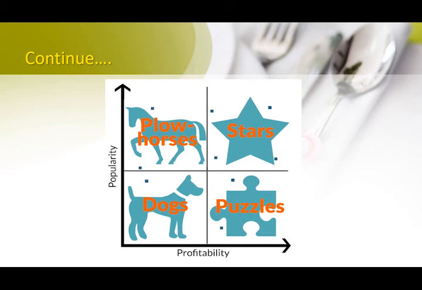These stars help us to gain more profit, whereas the dogs in the menu are ones which contribute towards the loss. Hence, these dogs have to be reworked. The puzzles and the plow horses can somehow be converted into stars.